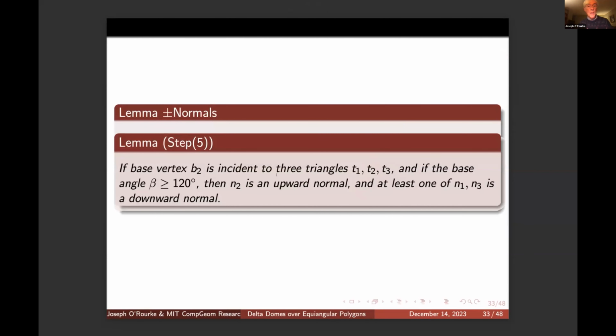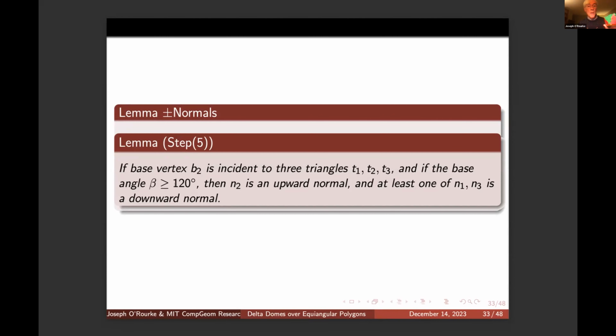So here's the claim. If a base vertex, let's call it B2 because we're going to look at B1, B2, B3, 3 consecutive. If you have 3 triangles incident to this base vertex B2, so this would be like you take one vertex here and you take red, green, red. Those are the 3 incident to it.